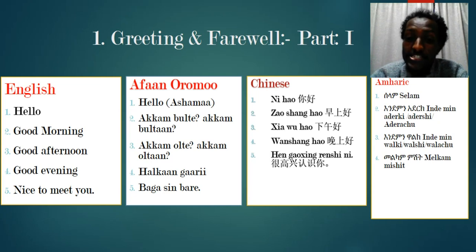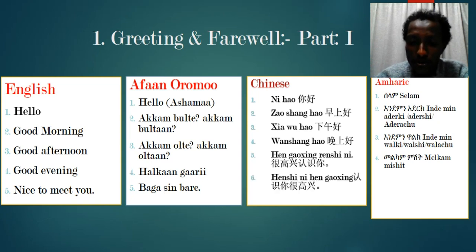Ni, the third tone. Like this, 很高兴认识你. Or you can say 认识你很高兴. Both of them are completely correct. Don't worry, okay? You can carry this one too.